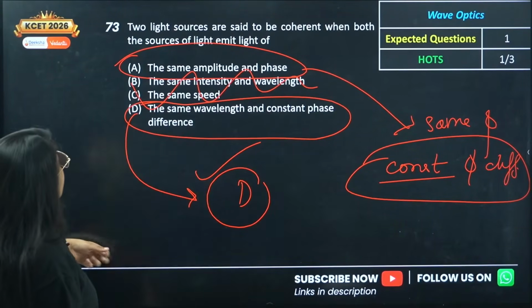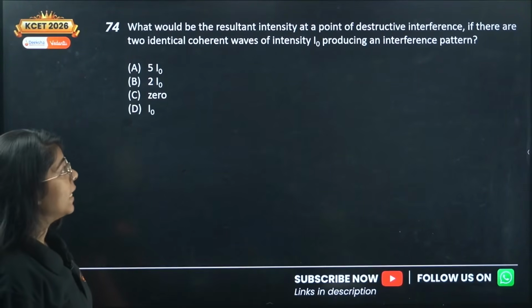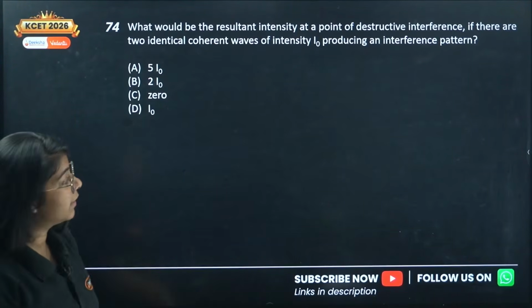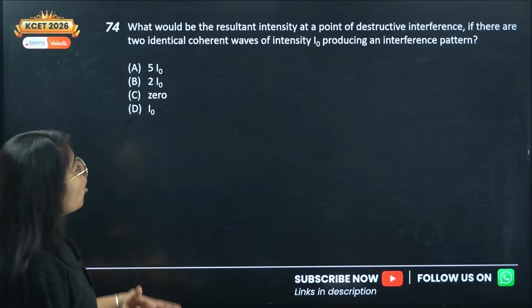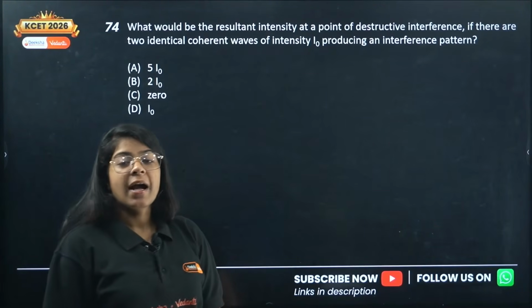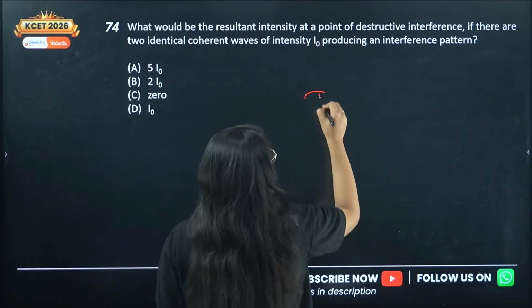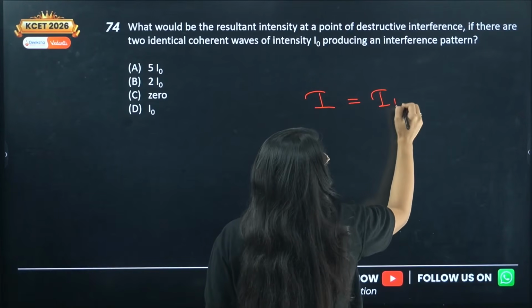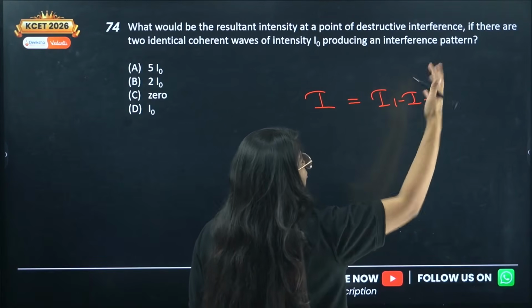Okay. 74th, what would be the resultant intensity at a point of destructive interference if there are two identical coherent waves of intensity I naught producing an interference pattern? Again, we are at the point of intensity. For destructive, we know we can simply subtract the two intensities of those two waves.